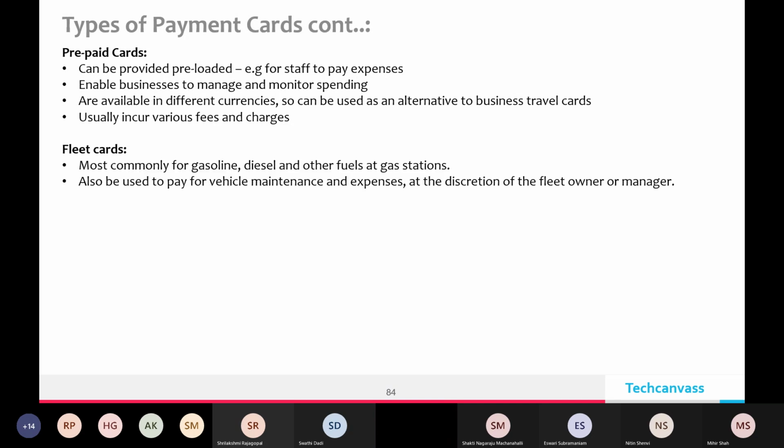And we have fleet cards. These cards are mostly for gasoline, diesel, or any other fuel filling. They can also be used for paying vehicle maintenance expenses or vehicle repair expenses at the discretion of the fleet owner or manager.